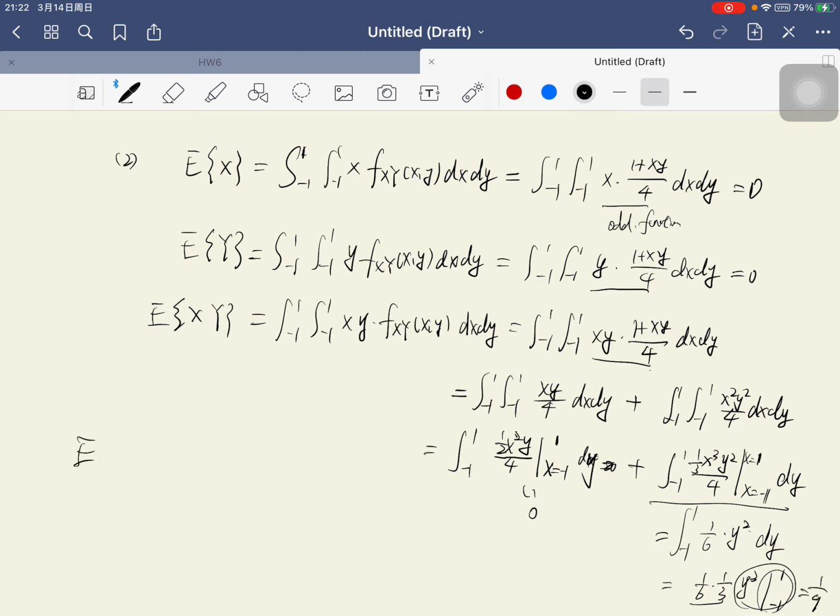So the expected value of xy is not equal to the expected value of x times the expected value of y.